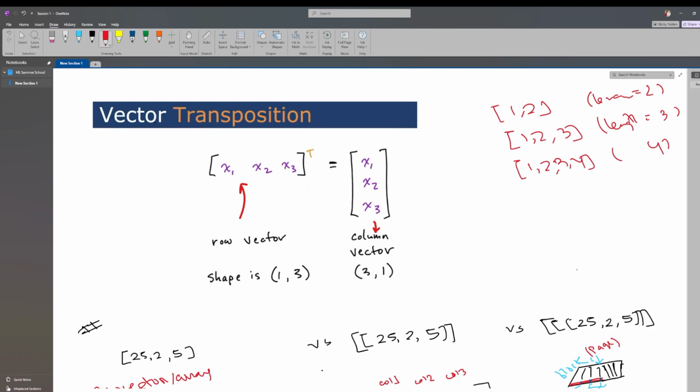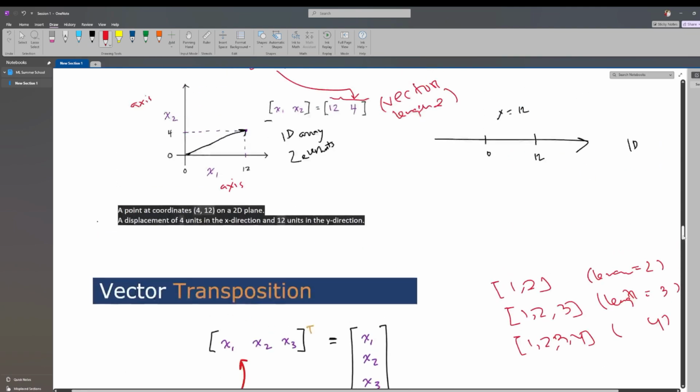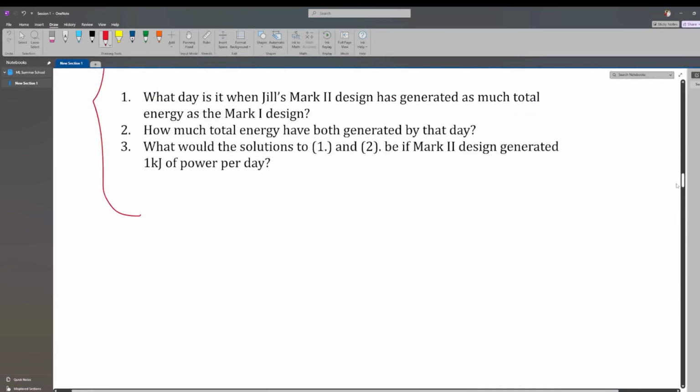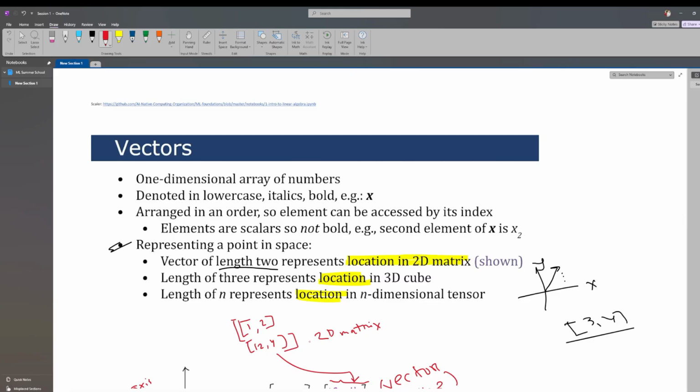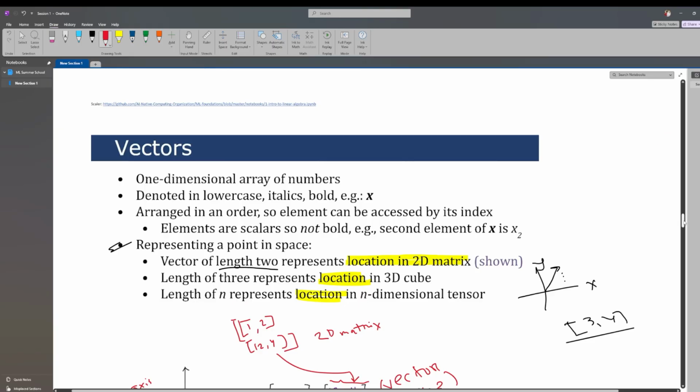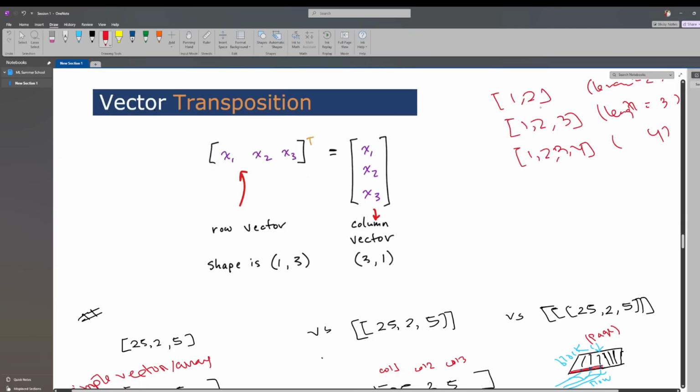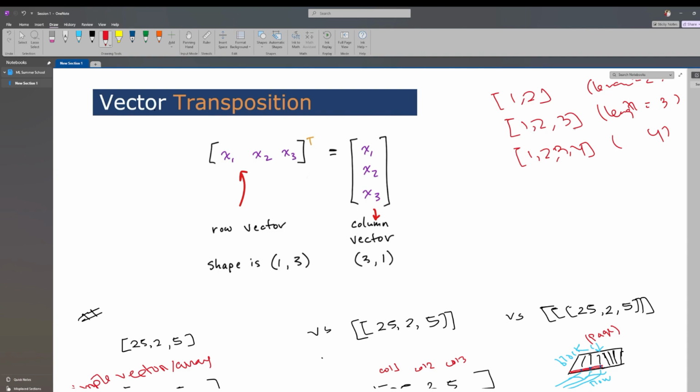So a vector of length 2 represents a location or some value in the 2D matrix. A length of 3 represents a location in 3D, and a length of n represents a location in an n-dimensional tensor. So this represents a location or value in a 2D matrix, this a location in a 3D cube, and this a location in an n-dimensional tensor.